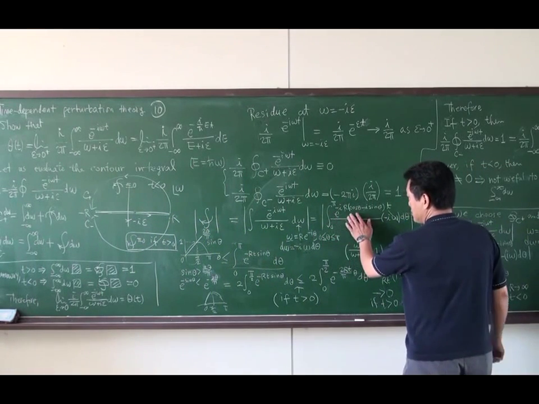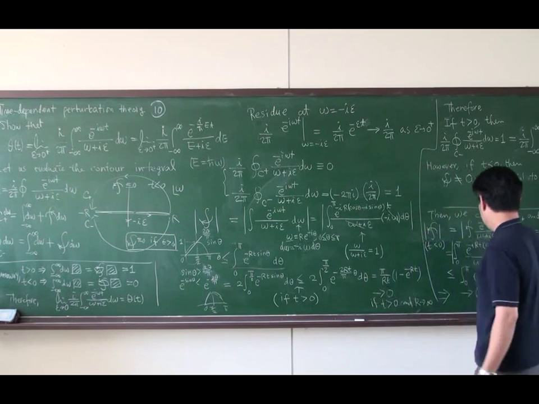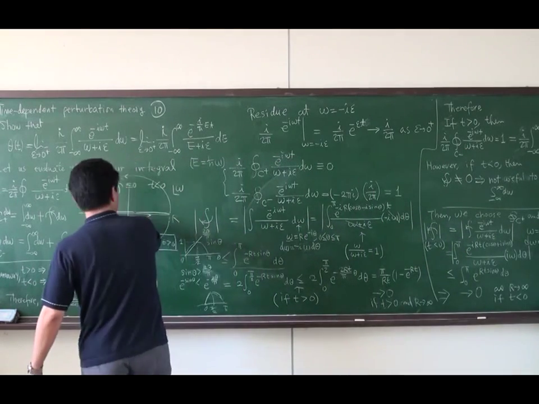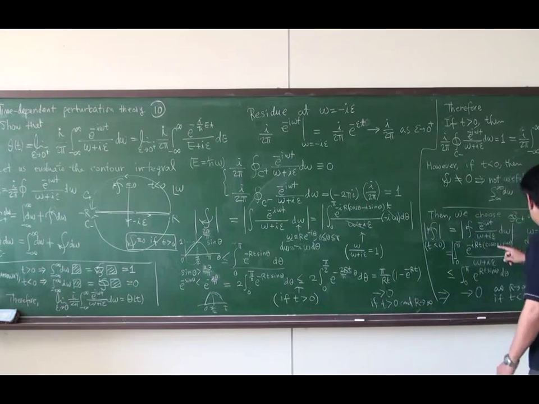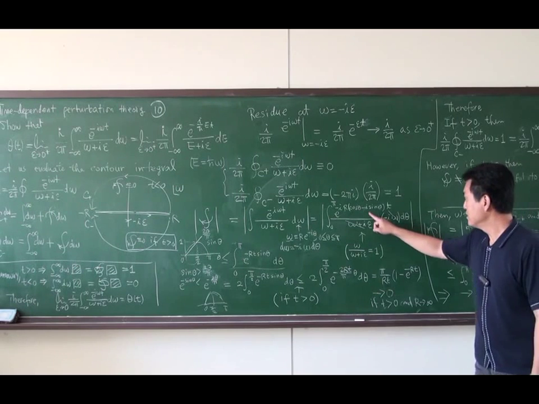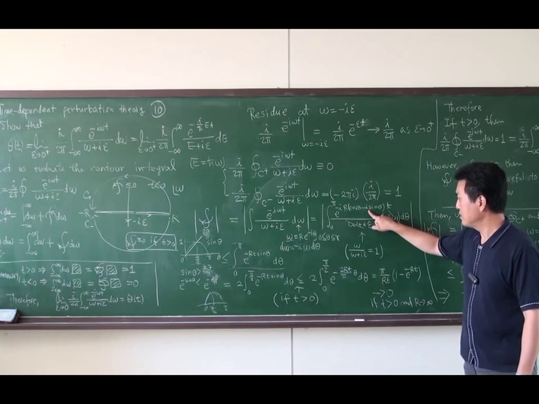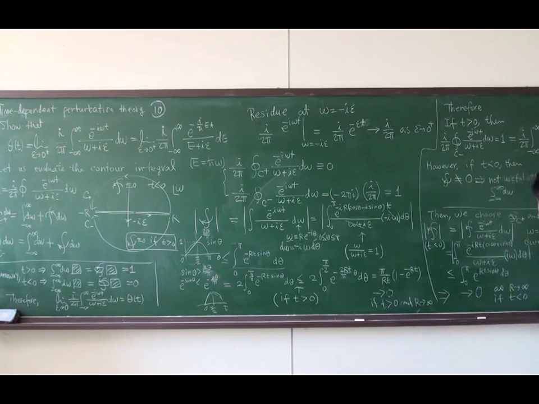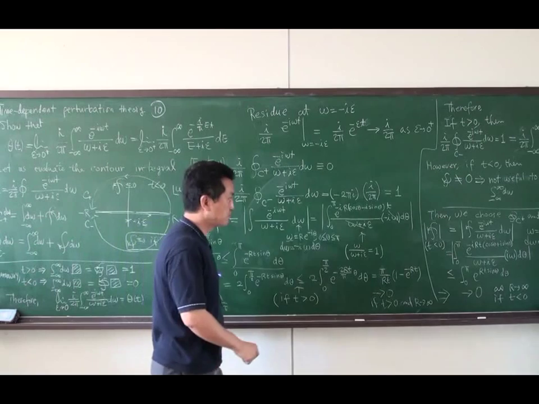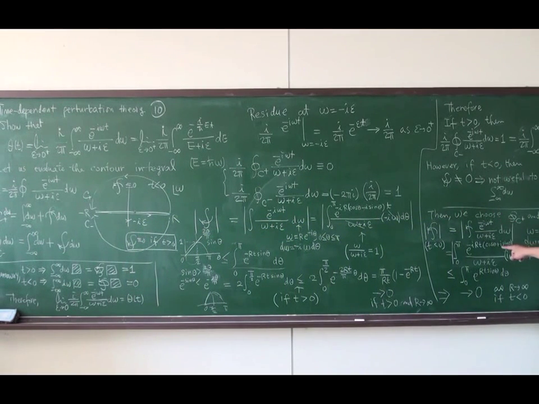In the same way, we can rewrite the absolute value of the integral along the upper semicircle like that. We just copy everything except that cosine theta minus sine theta, that is exponential minus I theta. I used exponential plus I theta to parameterize the path along the upper semicircle. So I have plus I sine theta, and I do the same way to get the upper bound of this integral.